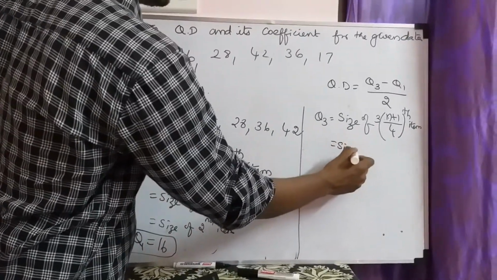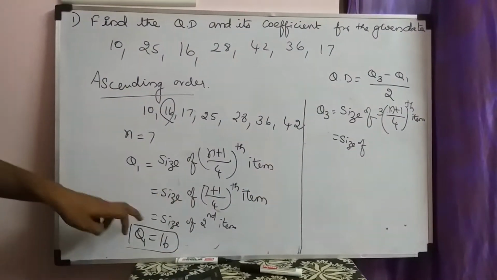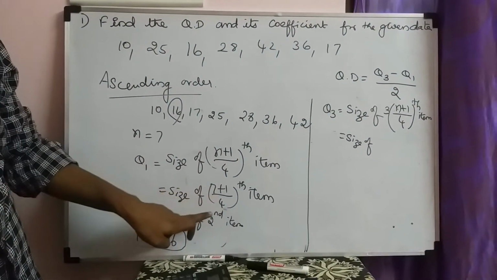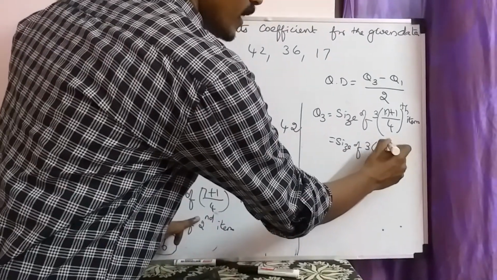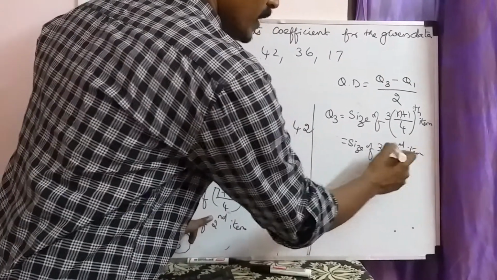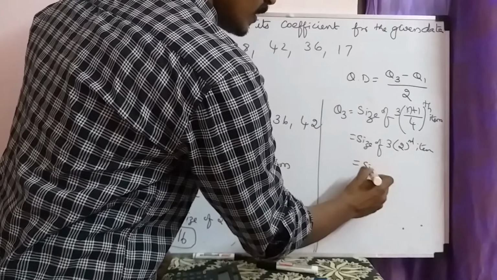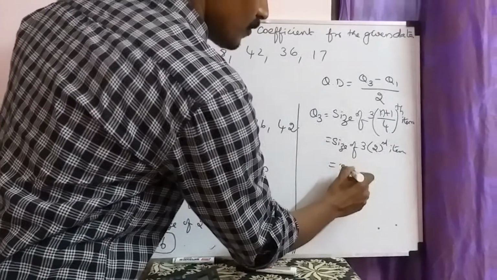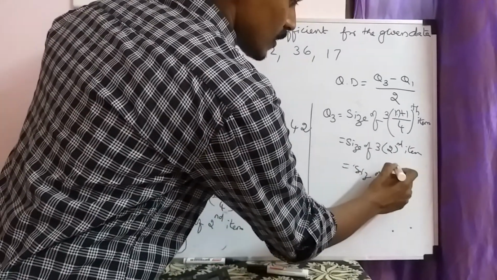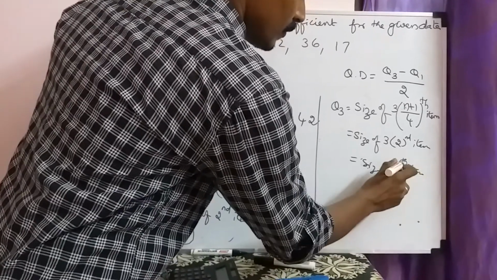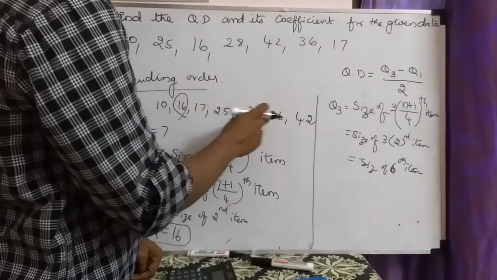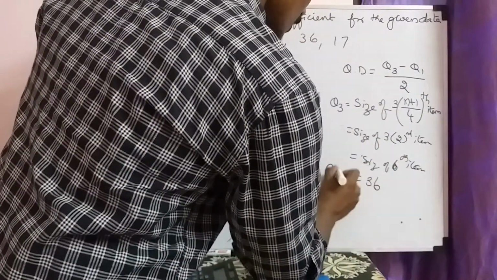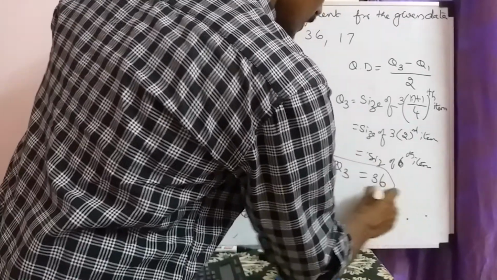We know that (n plus 1) divided by 4 is the second item, so 3 into 2 is the 6th item. What is the 6th item here? 4, 5, 6. The 6th item is 36. Therefore Q3 is 36.